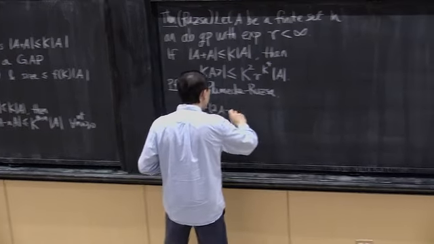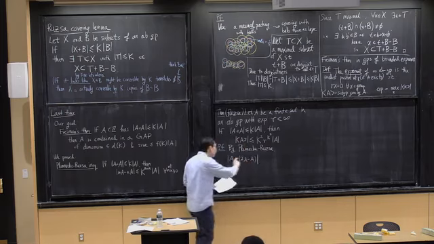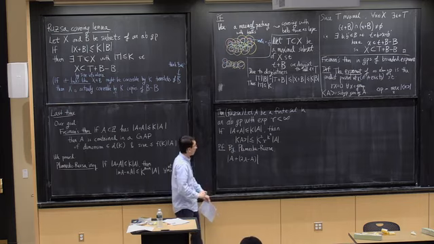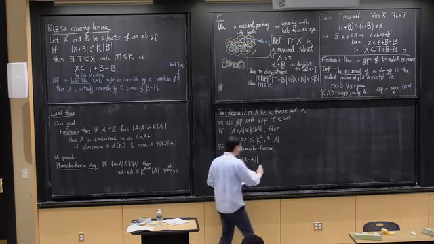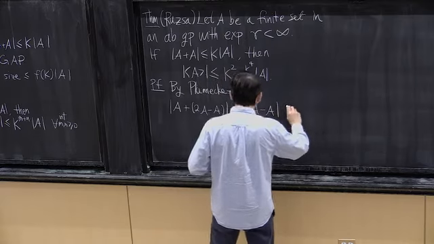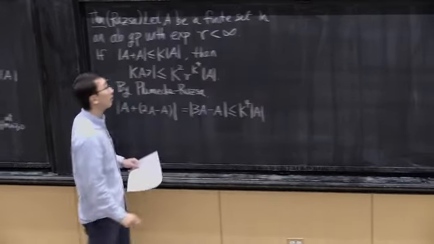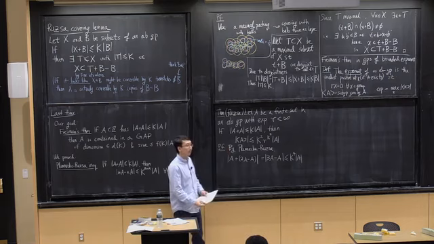You might wonder why this expression, because we're going to apply the covering lemma in a second. So this set, by Ruzsa, its size is bounded because the set can also be written as 3A minus A, so its size is bounded by K to the 4th times the size of A.